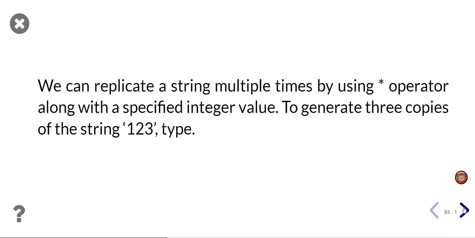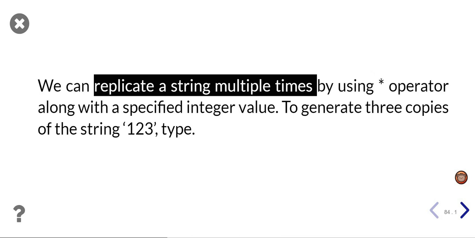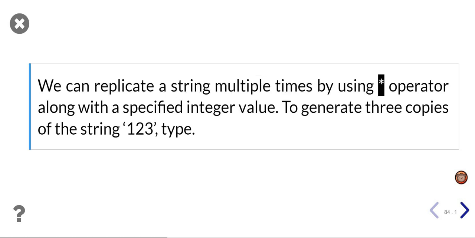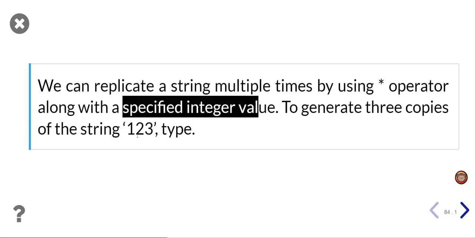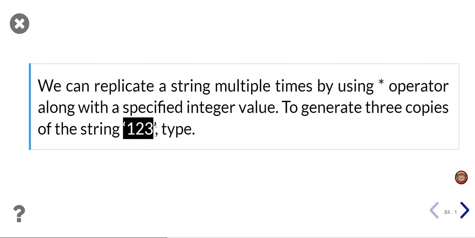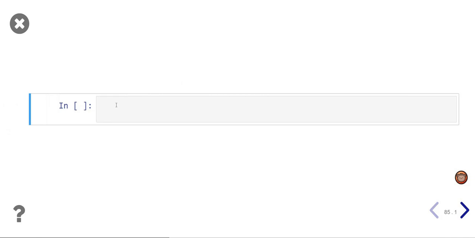Okay, so let's look at this one. Now you can also replicate a string multiple times by using the asterisk operator, which multiplies. You can multiply with a specific integer value. So for example, let's say you have 1, 2, 3, then you want to have 3 copies of this string, so you just type. You define a string.